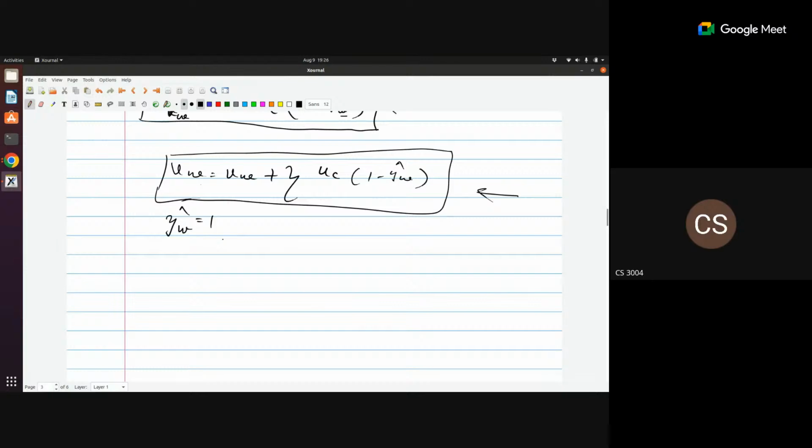Whatever word had to be output by the model is already predicted, which means YW hat is equal to 1 and the rest of the values in Y hat are 0. That's the ideal situation. So in that case, what will happen? This is 1, so this becomes 0. VW is equal to VW, which means no update is made to VW. That is case 1, when YW hat is equal to 1.